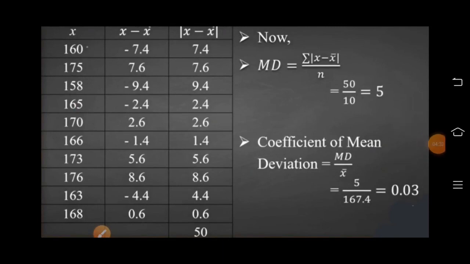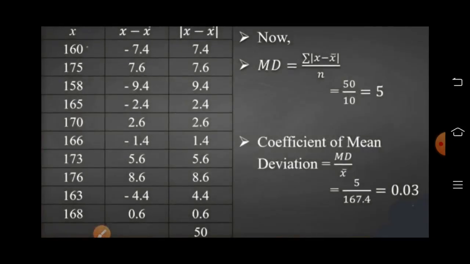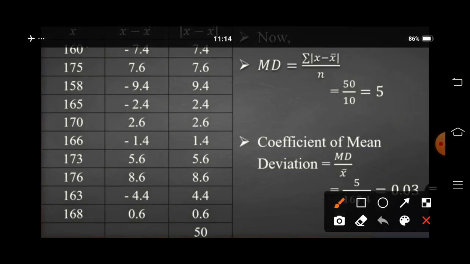Now make a column. In that, write down the x column. You have already found the mean. So x minus x bar: here 160 minus 167.4 would be minus 7.4.